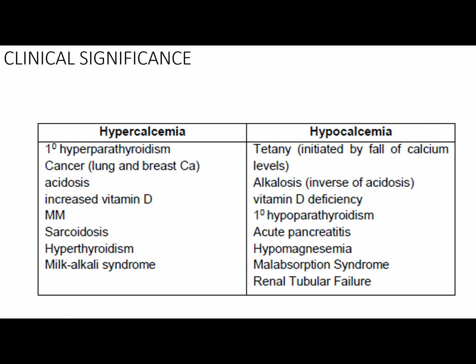Clinical significance class. So hypercalcemia would be seen in primary hyperparathyroidism, cancer, specifically lung and breast CA, acidosis, increased vitamin D, multiple myeloma, sarcoidosis, hyperthyroidism, milk alkali syndrome.